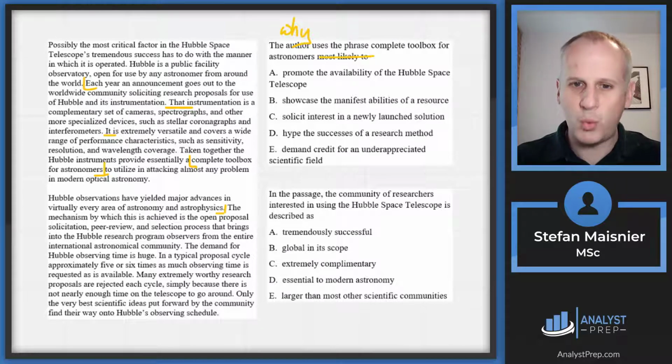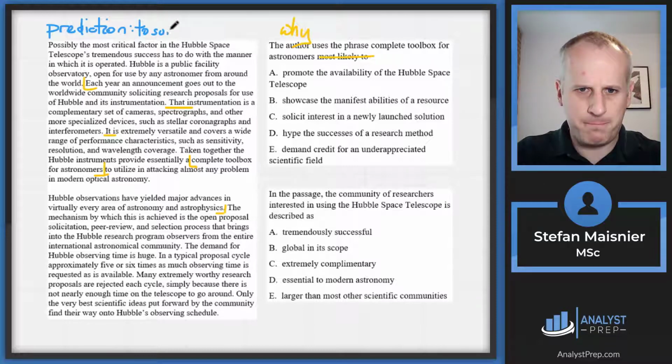So, why is the Hubble called a complete toolbox for astronomers? We can just have a real broad prediction for ourselves here and just say, to summarize its uses.